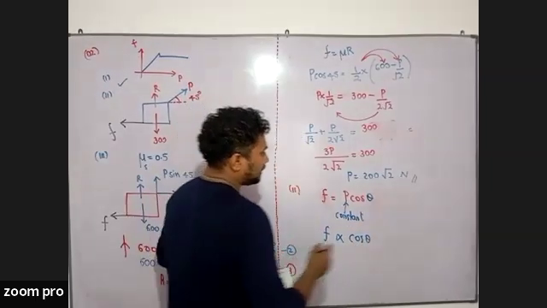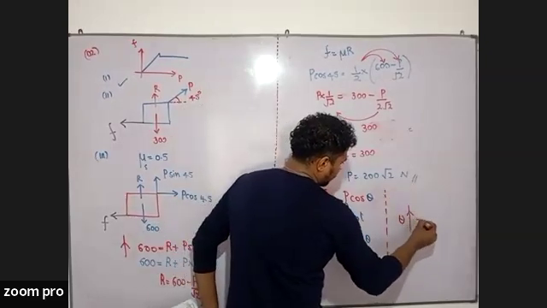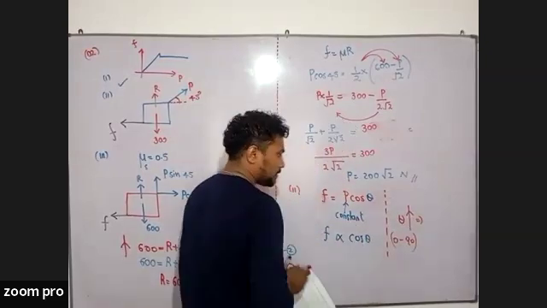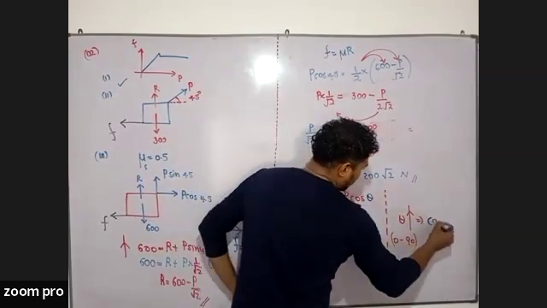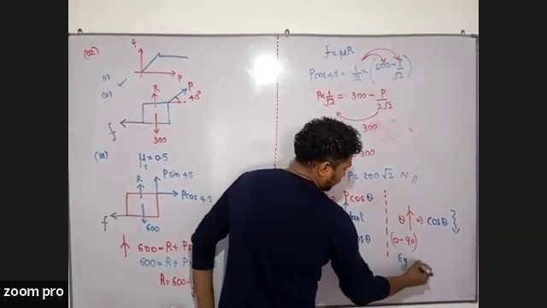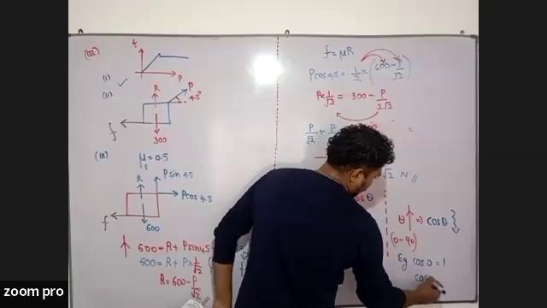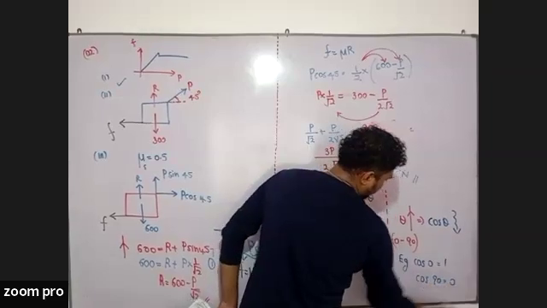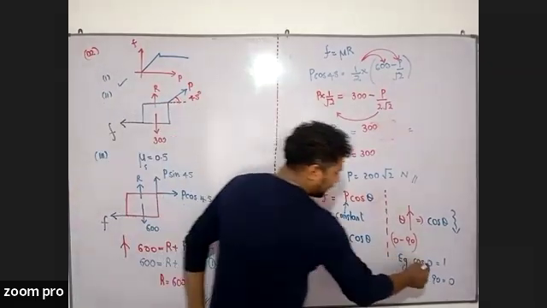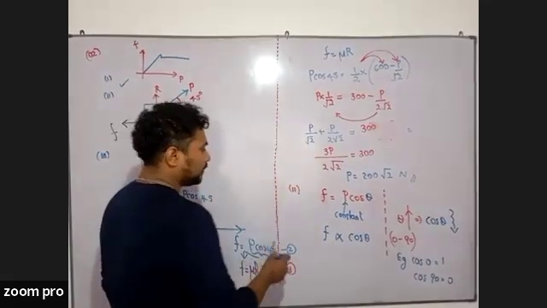So guys, you know that when theta is increased from 0 to 90, cos theta is getting decreased, because cos 0 is equal to 1, cos 90 equal to 0. That's the relationship, right? So when theta is increased, what happened to cos theta? It's getting decreased.